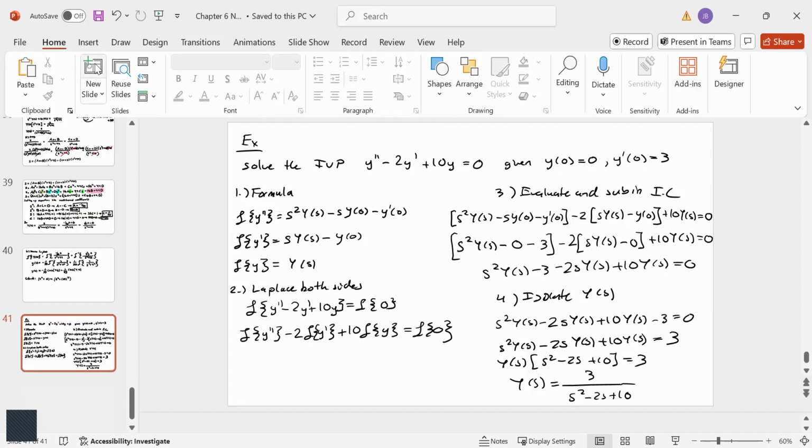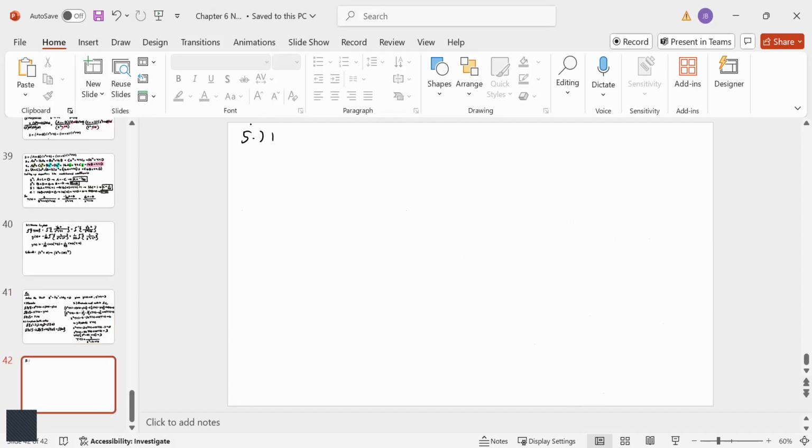And so step five would be partial fraction decomposition, and y of s is equal to 3 over s squared minus 2s plus 10. And you try factoring it, 5 and 2, that work?